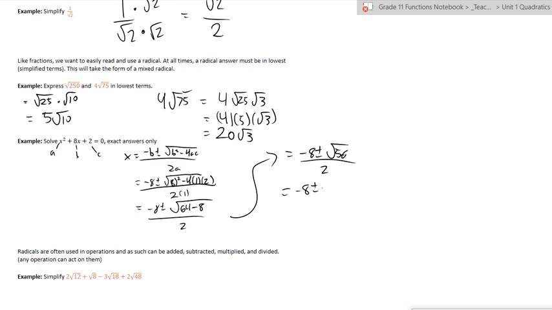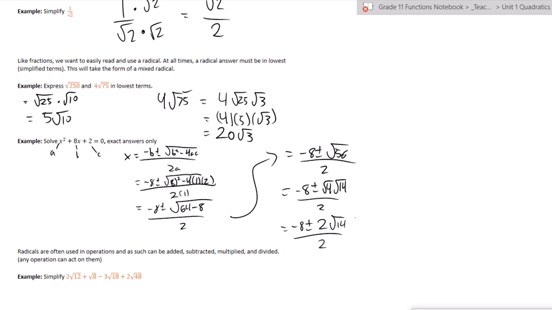You can do root 4 times root 14. If you have trouble finding the factors, just make a factor tree, or just write the factor pairs out. It's a little bit of work, but it gets you there. That's 1 over 2. It's negative 8 plus or minus 2, because root 4 is 2, root 14, all over 2.